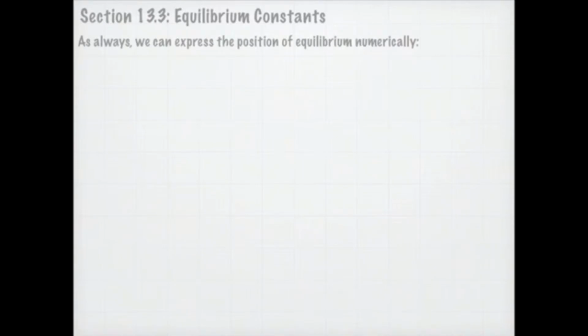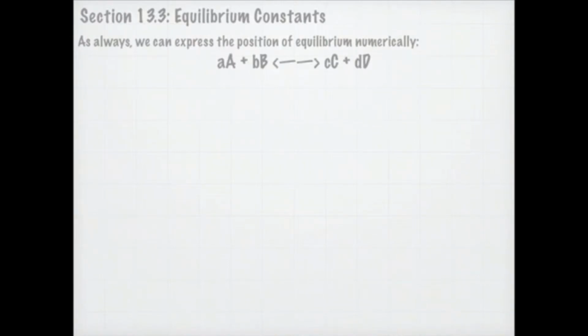But now we're going to put a number to it. The value that we use to describe the state of our equilibrium is called our equilibrium constant. As always, we can express equilibrium numerically, and we're going to do that with our equilibrium constant.